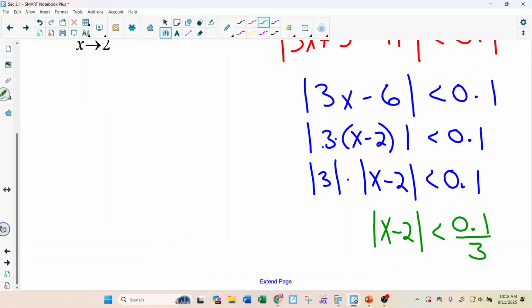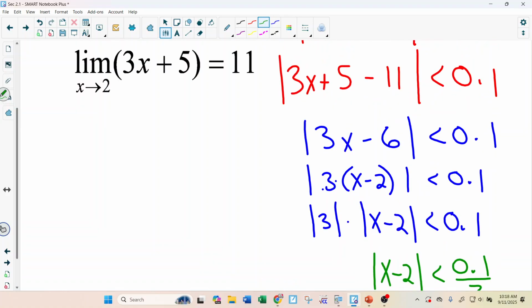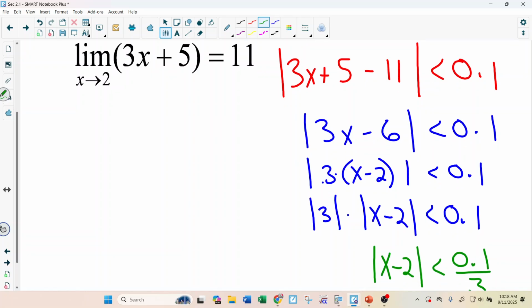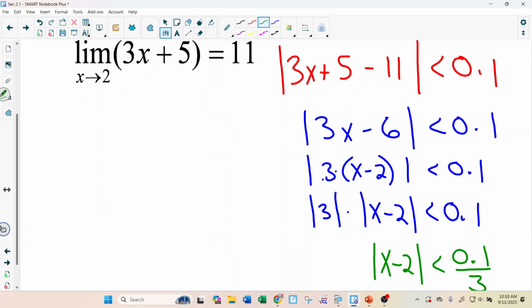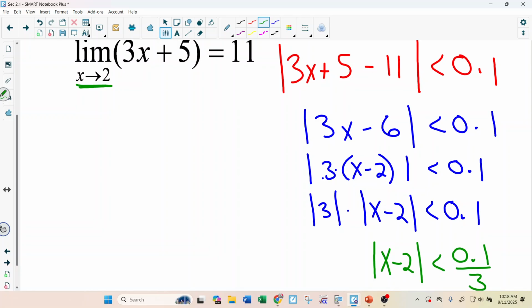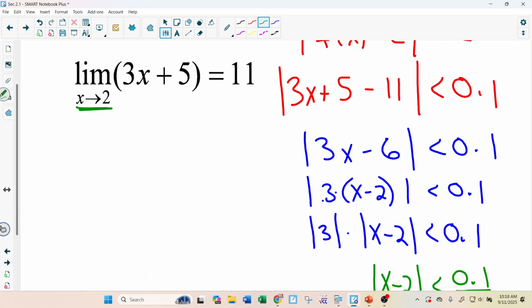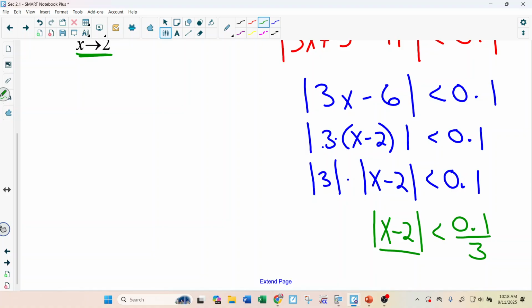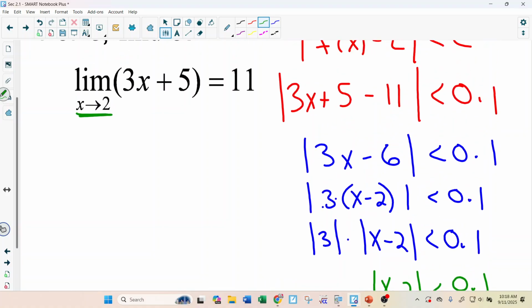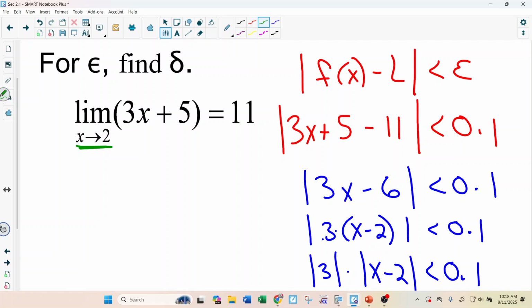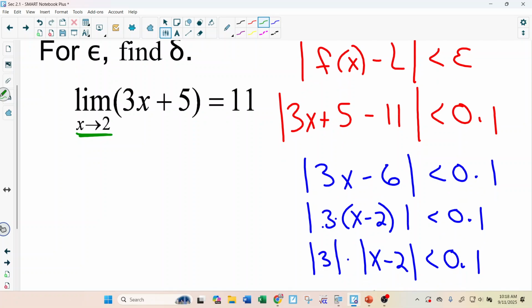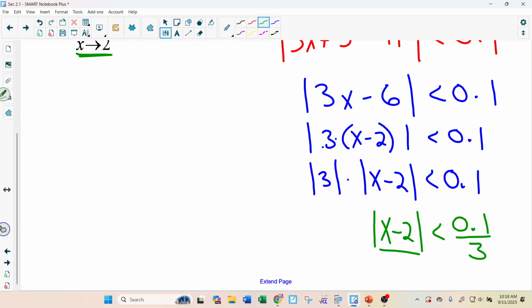Now, what have we just done? Okay, what have we just done? We started here. Notice here, x is approaching 2. In our definition of a limit, we have x minus c. We're always going to end up with, down here, x minus c. That tells you where you're going. You're always going to start at f of x minus L, and you're going to end up with x minus c.